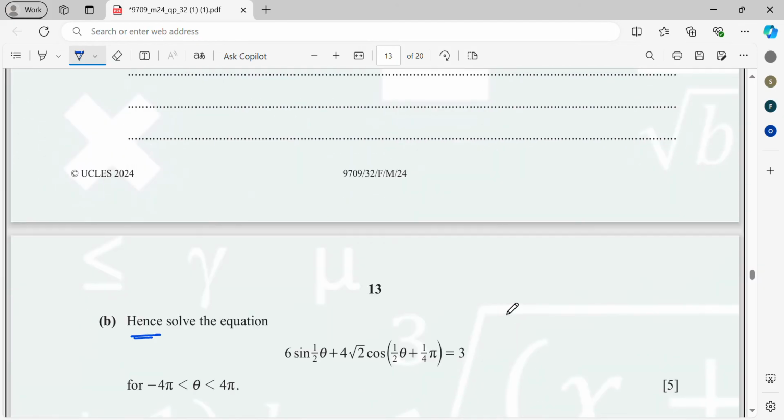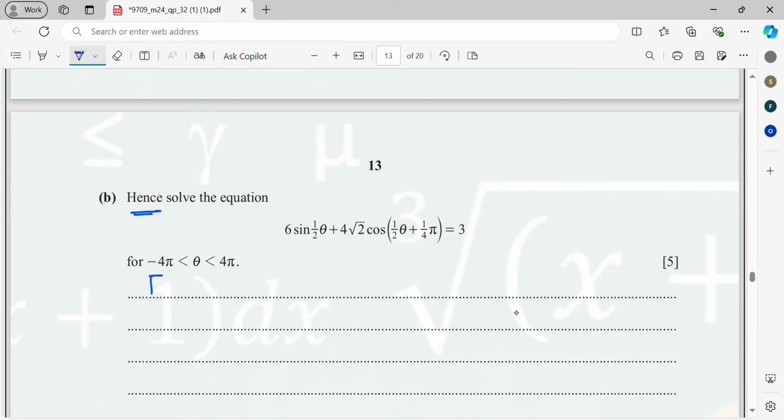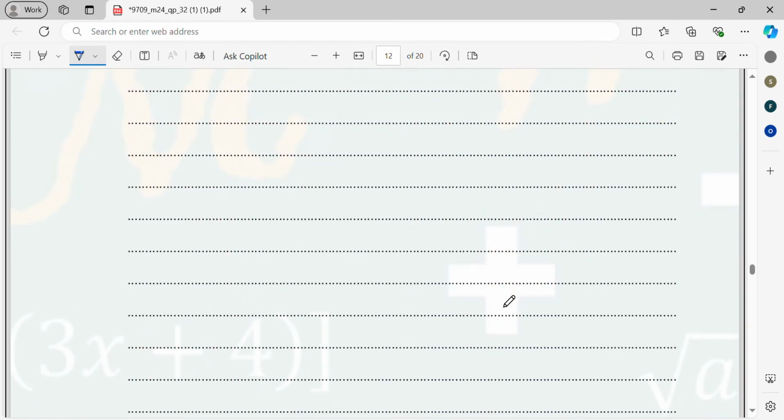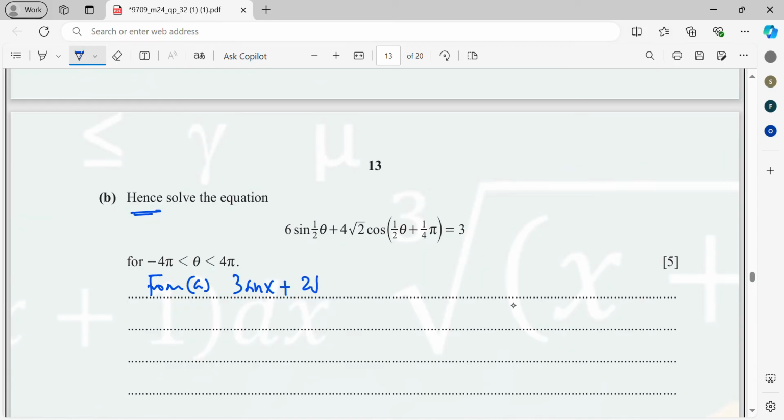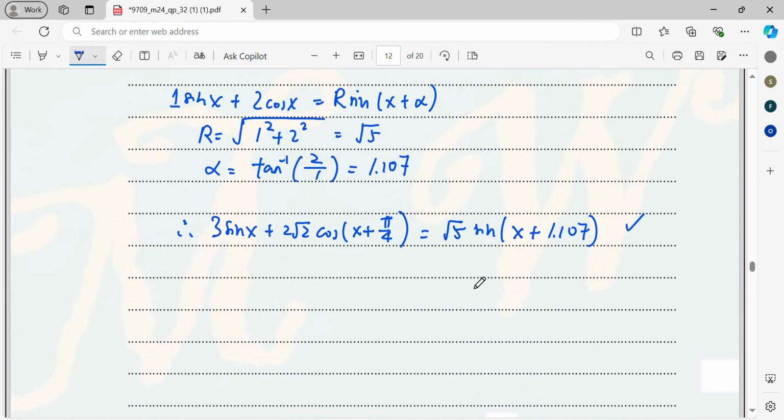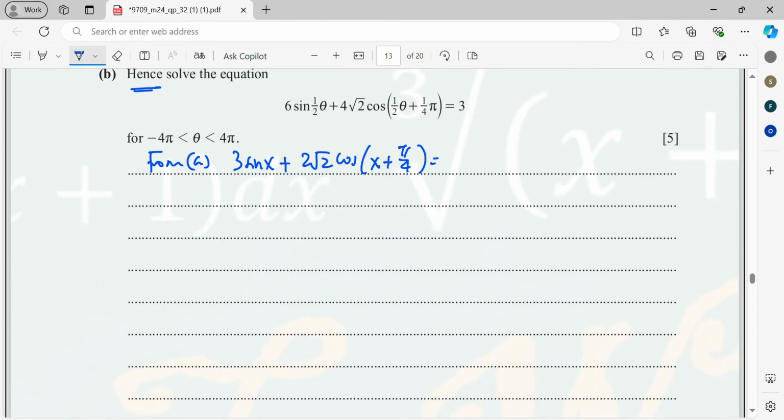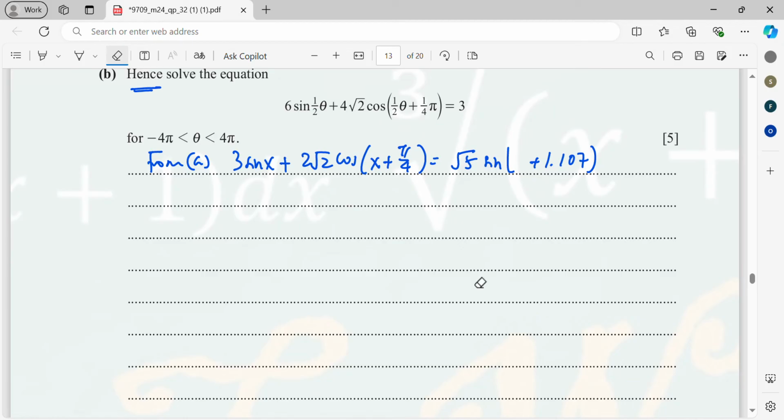Okay, 3 sine x plus 2 root 2 cos x plus pi over 4, from A. That is going to be root 5 sine x plus 1.107. This is from part A.